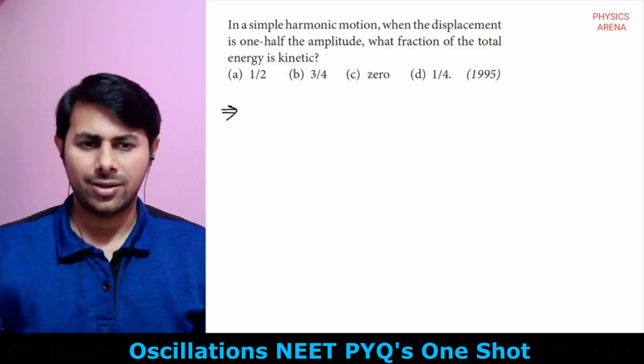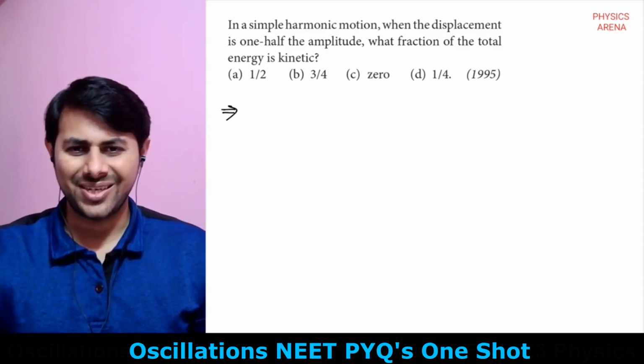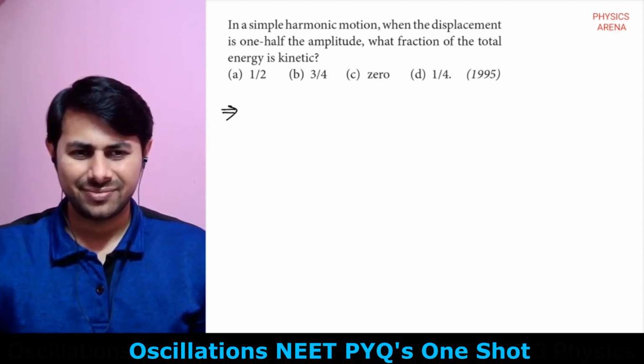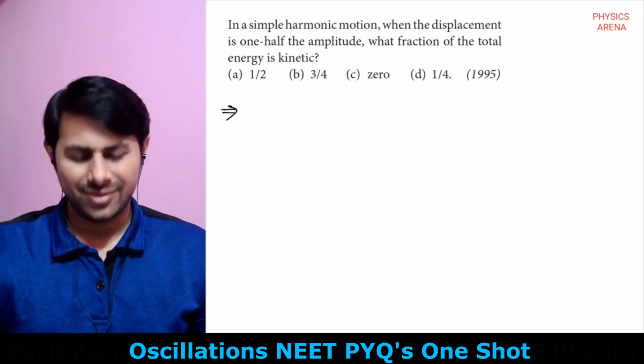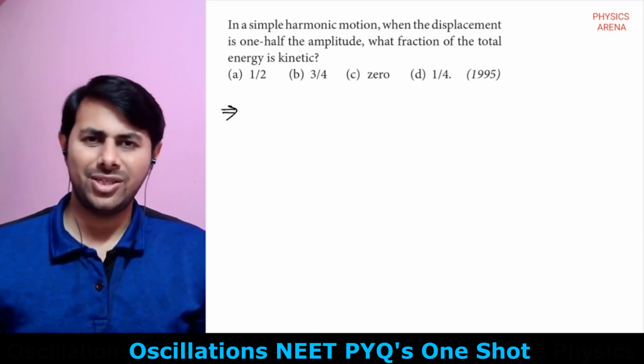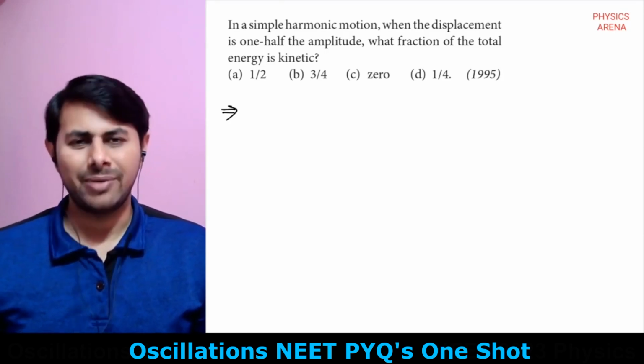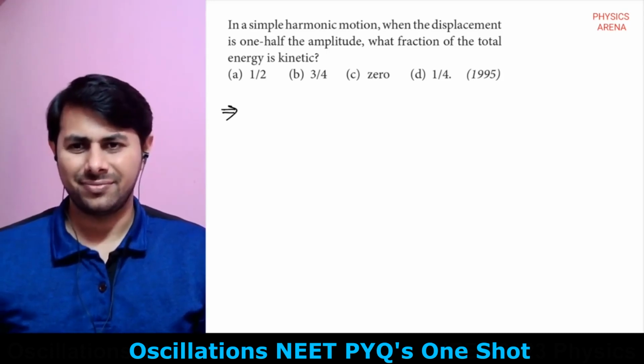So can you tell me the answer directly? It's option B, right? Because potential energy is 1/4, remaining is kinetic energy.